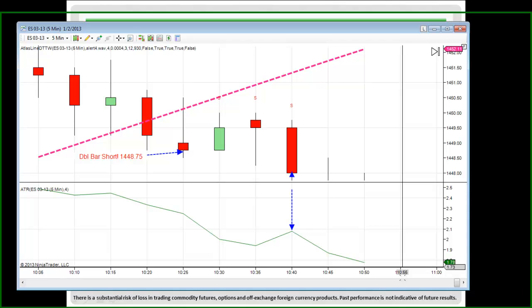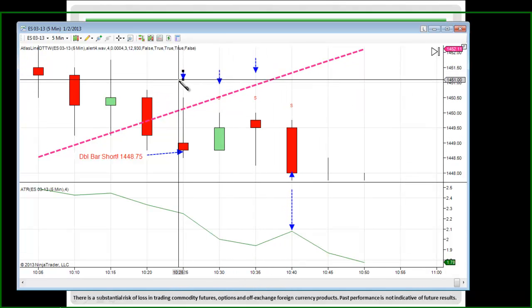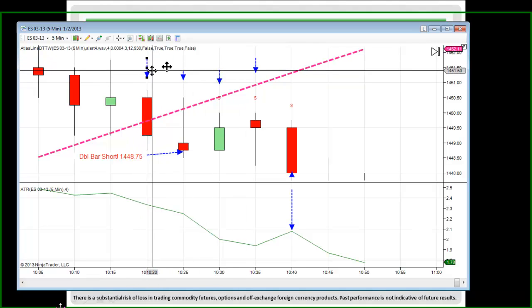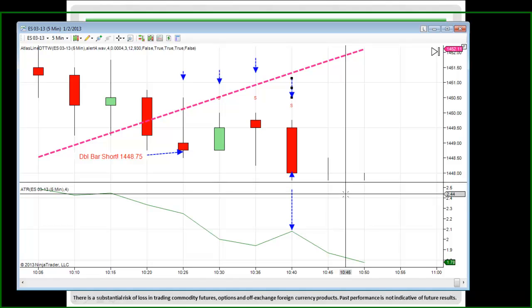This tells me that the current conditions, based on the last 4 completed candles, whether it be a 5-minute, 3-minute, 1-minute, 10-minute, whatever you're looking at, the ATR, AK, tells me that I can expect the market to move up or down exactly 2 points or 8 ticks.